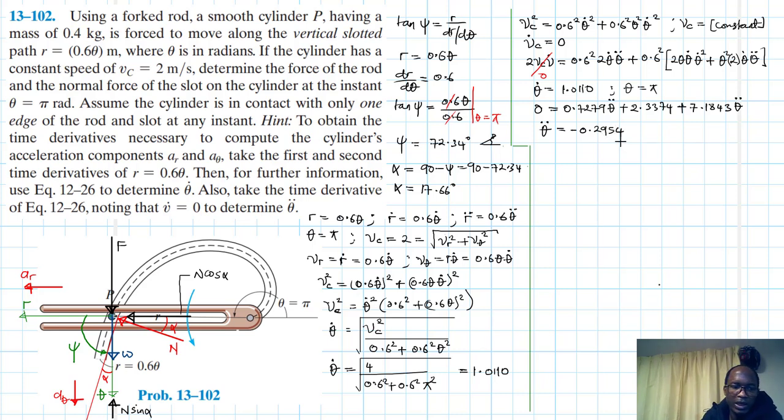So this is good enough. We found the angular acceleration and angular velocity. Now we can go ahead to work out these values.